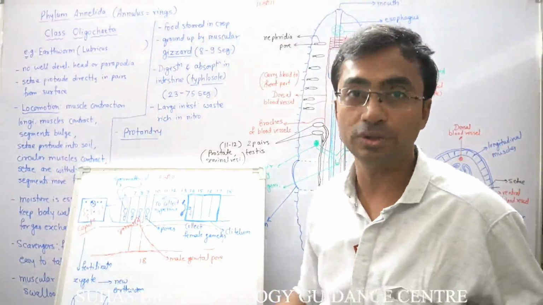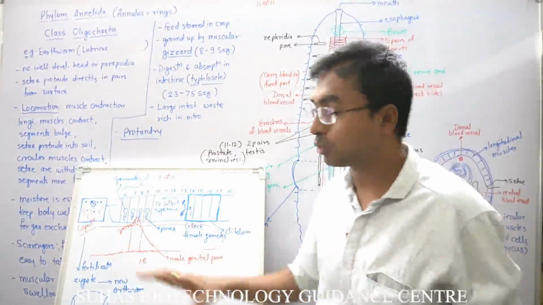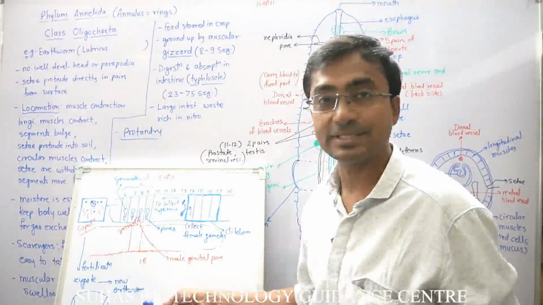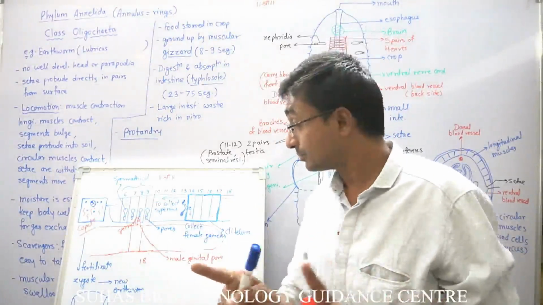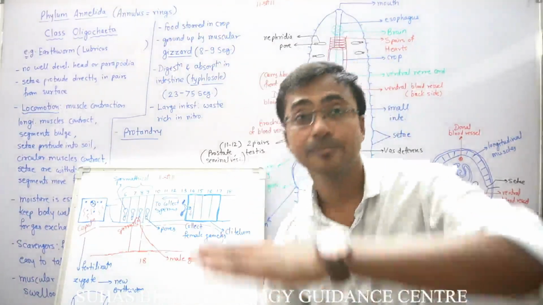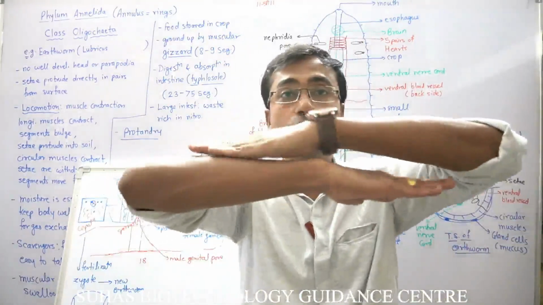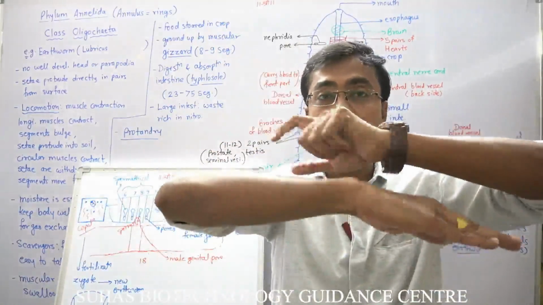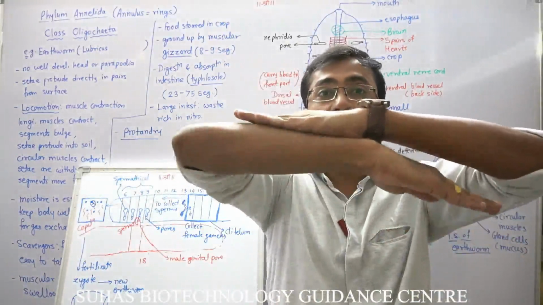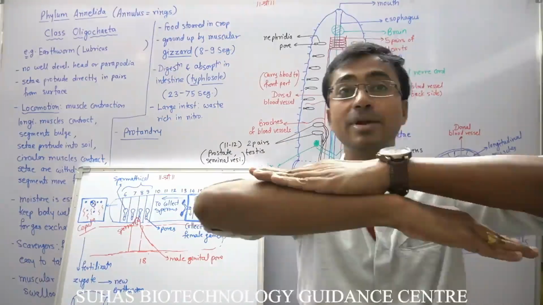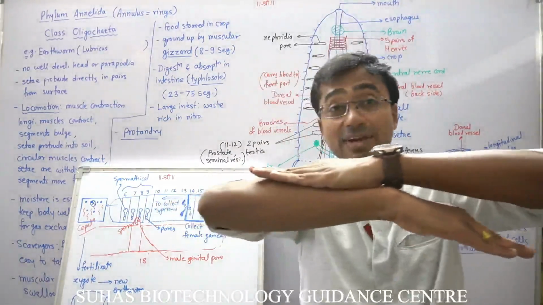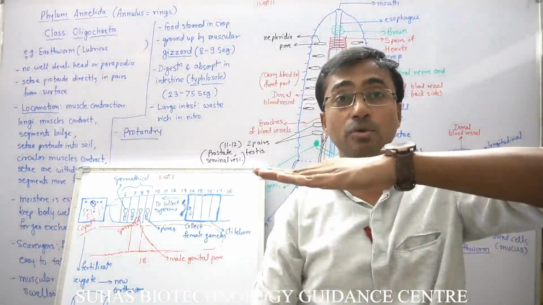This is called a cocoon, and zygote formation takes place in the cocoon. Thus earthworm number 2 will transfer its sperms into segments number 6, 7, 8, 9 of earthworm number 1.